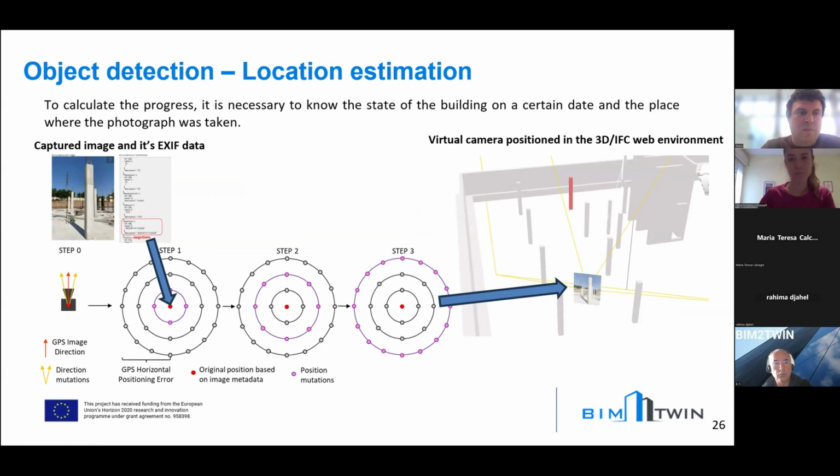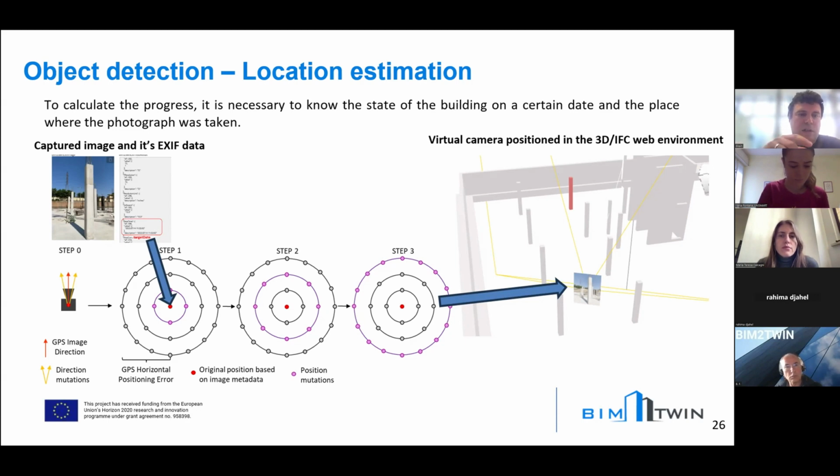And from the images we use the GPS data captured with the smartphone, and also the EXIF data, where we can find different elements like the date, the position data, orientation, focal length, etc.